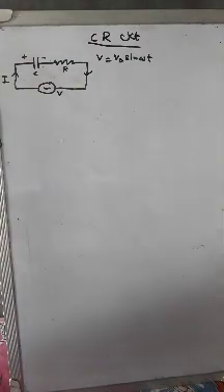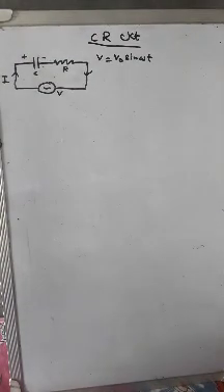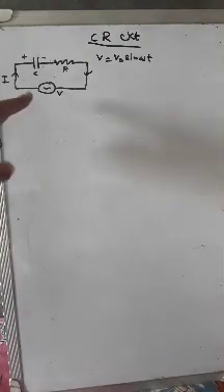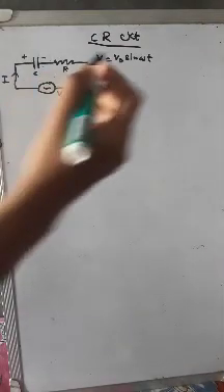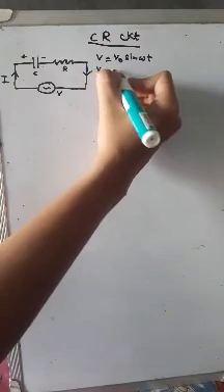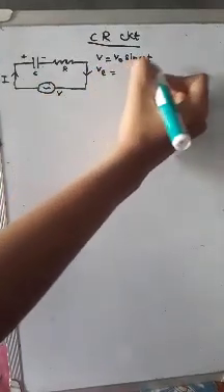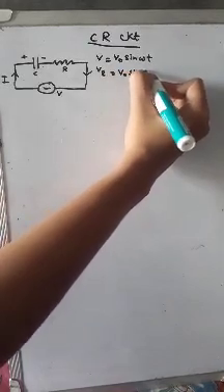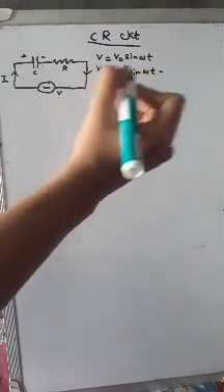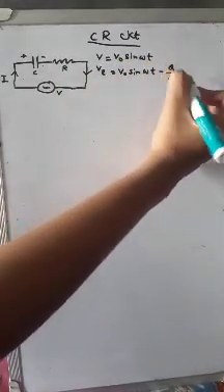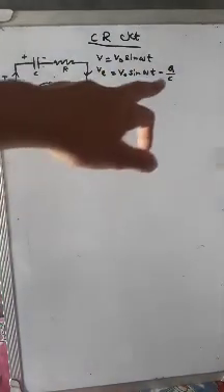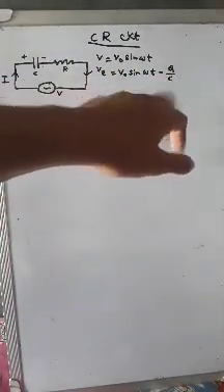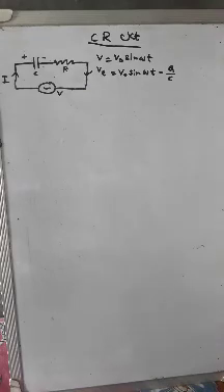So the net or effective voltage that is being applied to the circuit is V equals V naught sine omega t minus Q by C. The voltage drop due to this capacitor I can write as Q by C.